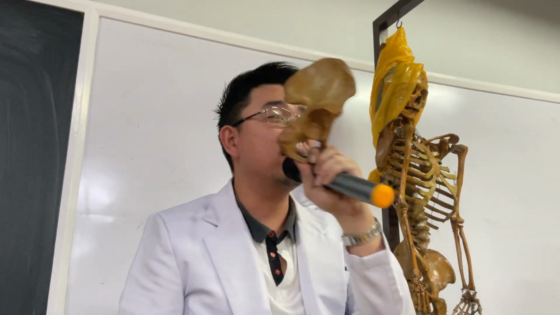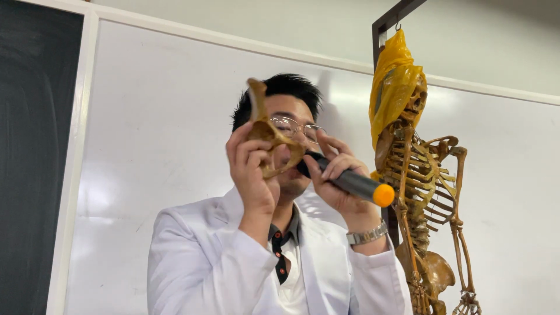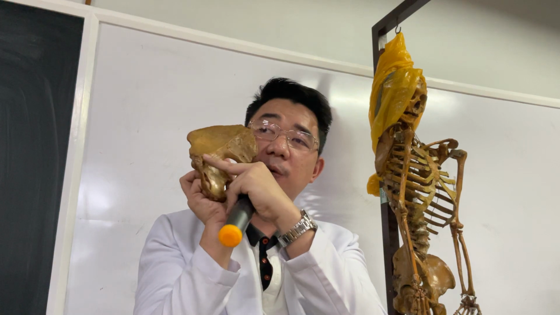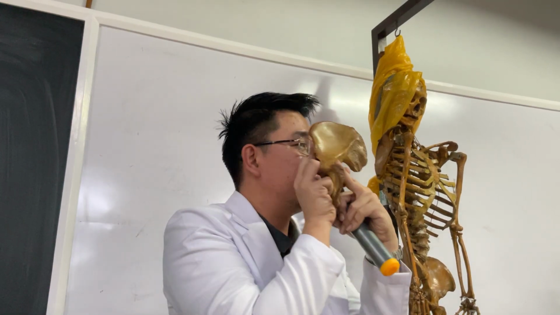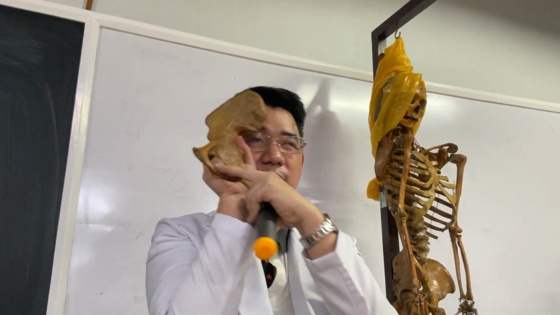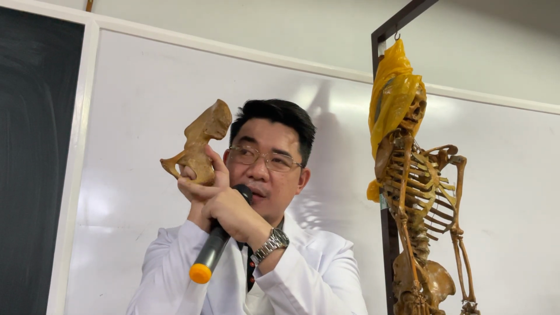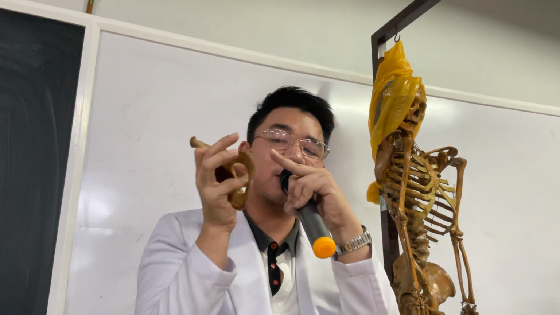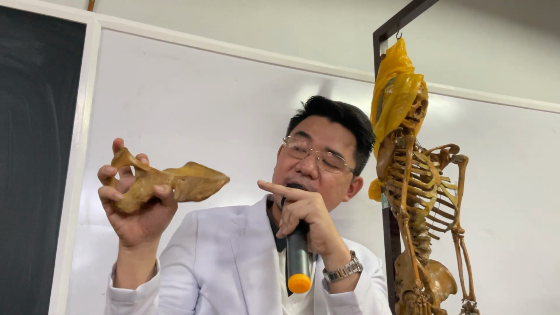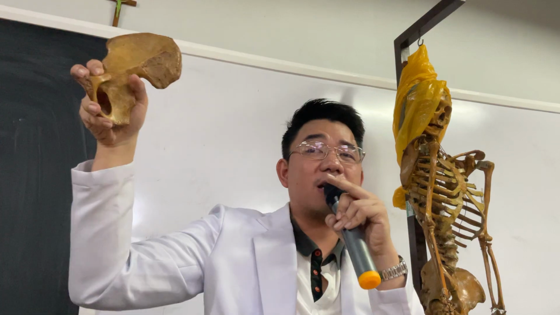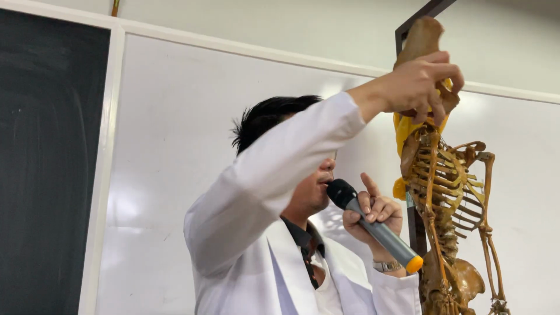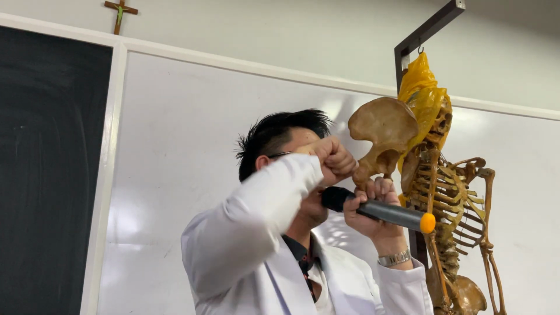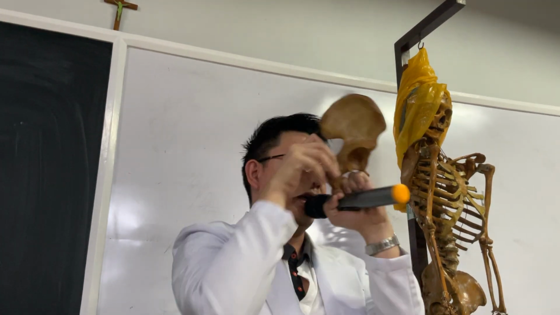Yes? No questions? Okay. And in the pubis, you have the same thing. So you have the superior ramus of the pubis over here, and then you have the inferior ramus of the pubis here. Then you have the pubic tubercle, just on top of this part.